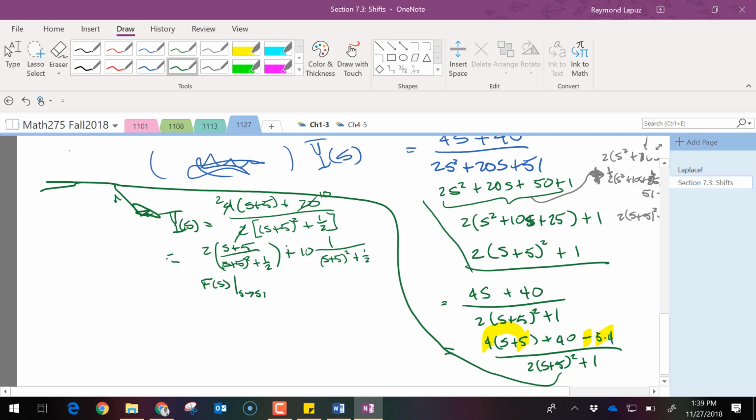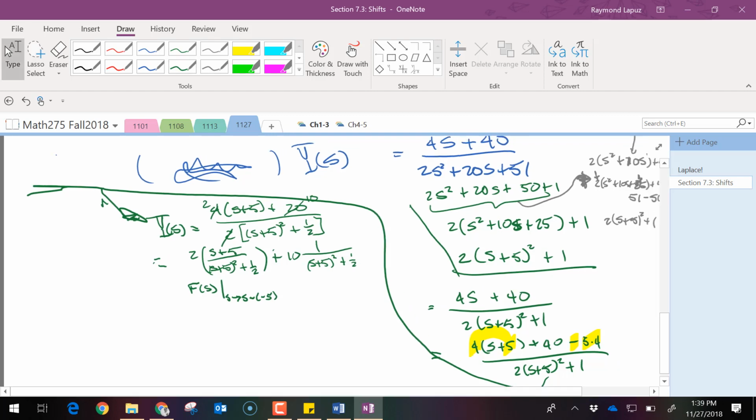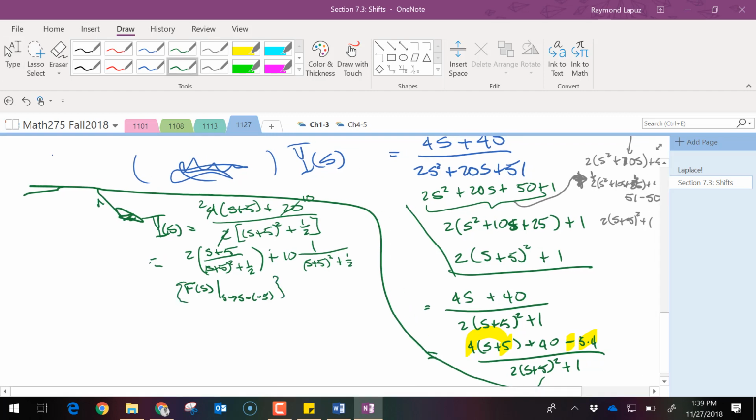Or, to relate it to the formula, it's s minus -5. That's the shift that we have. So we know that the e power is going to be -5. So the inverse transform of this is going to be e to the -5t times whatever your function turned out to be. And one of them is going to be a sine, the other one's going to be a cosine.